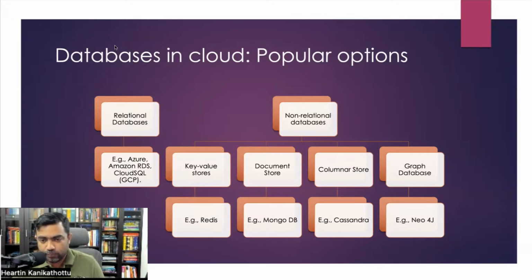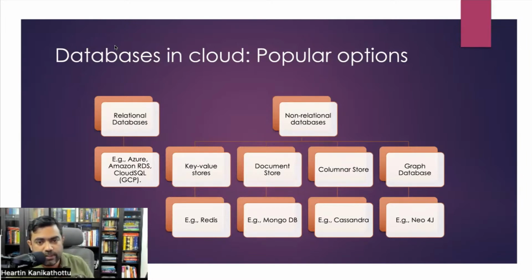And then, if I go with non-relational databases, whether I need a key value store, document store, columnar store, or graph database. There are many cloud agnostic ones available, and there are also many options available on the cloud.